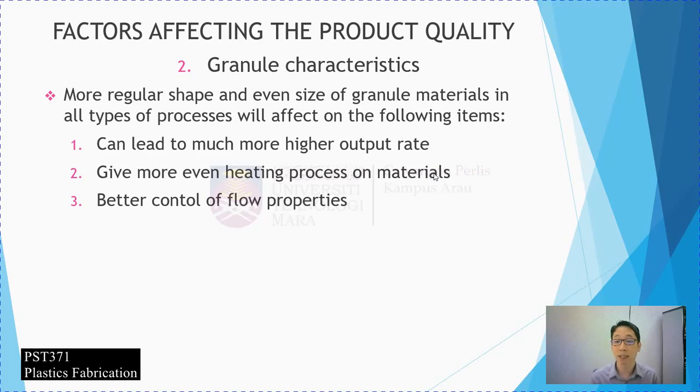Better consistency in granule size will contribute to better heat transfer and make more homogenized mixing and compounding, whereas more irregular material will probably prolong the melting and mixing process, and may also contribute to burning, because the smaller size will start to melt, and while waiting for the bigger granules to soften and melt, the smaller size will start to burn.